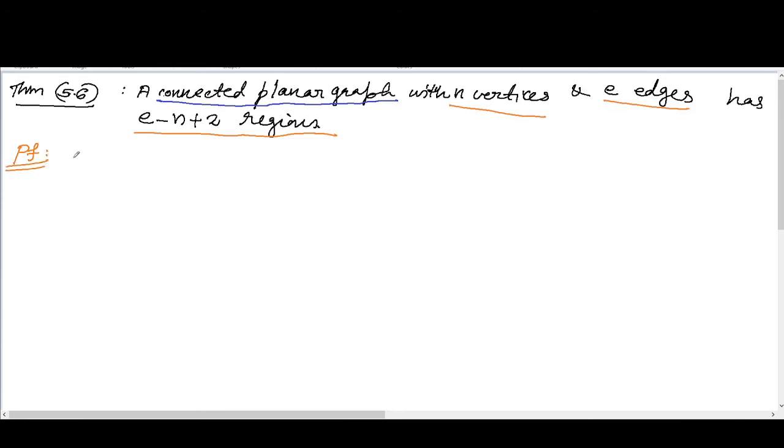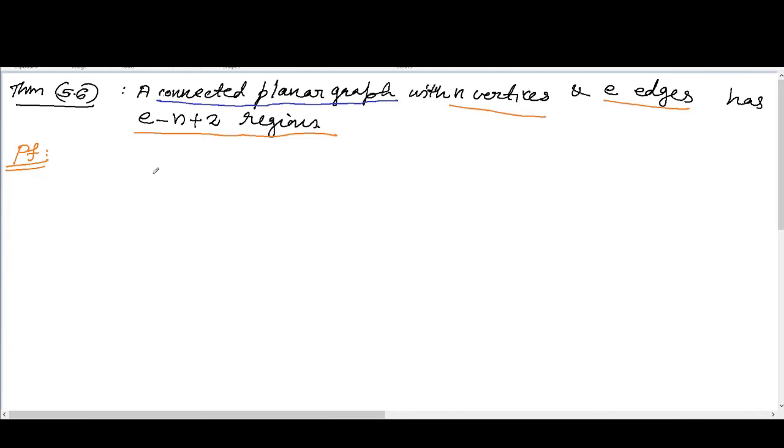The proof is very important for you. Now, it will suffice to prove the theorem for a simple graph, because adding a self loop or a parallel edge simply adds one region to the graph and simultaneously increases the value of e by 1.